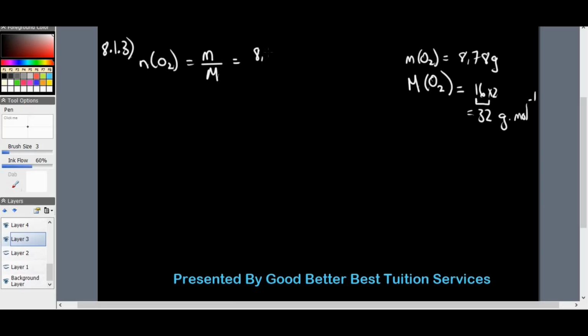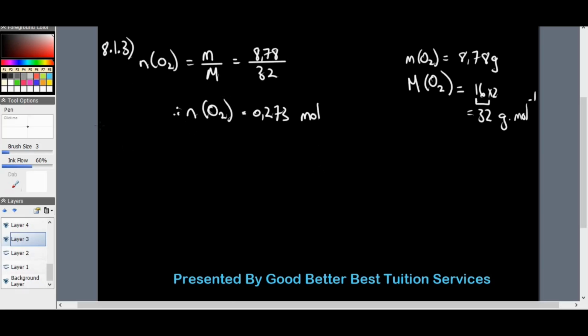So I've got 8.78 divided by 32, and therefore the number of moles of oxygen must be equal to 0.273 moles.